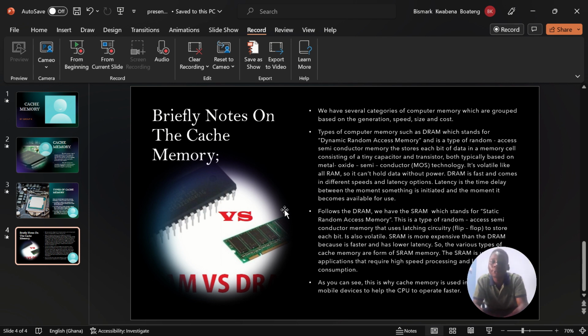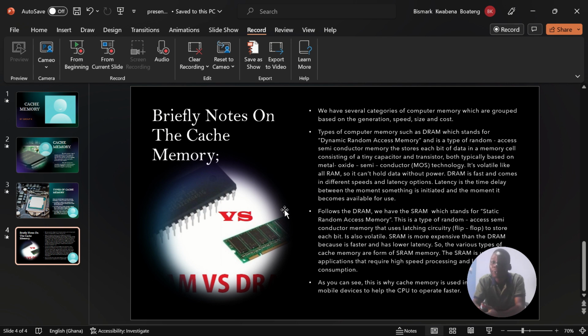They are all forms of semiconductor memory. As for the SRAM, it uses latching circuitry, which is the flip-flop, to store each bit.